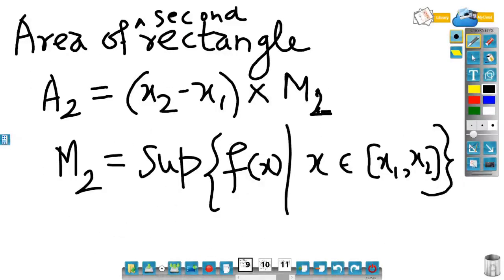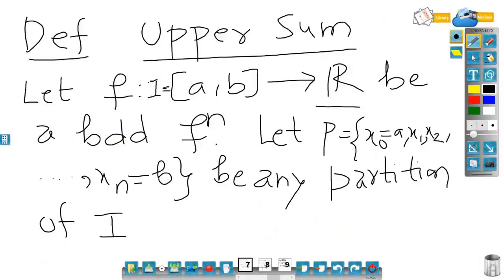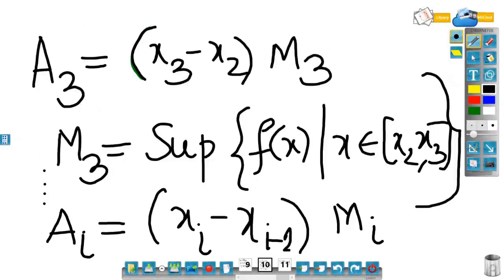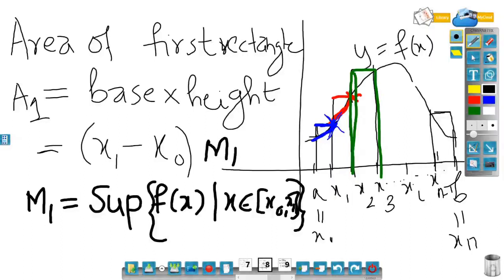Now what my target is, so let me go ahead. If I find all these areas, there will be A1, A2, and there will be n rectangles.